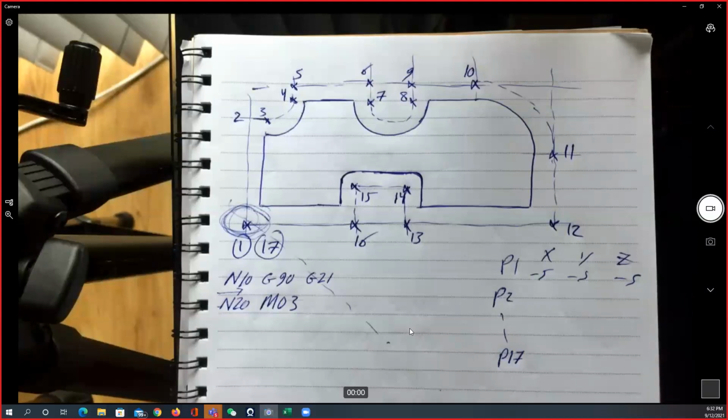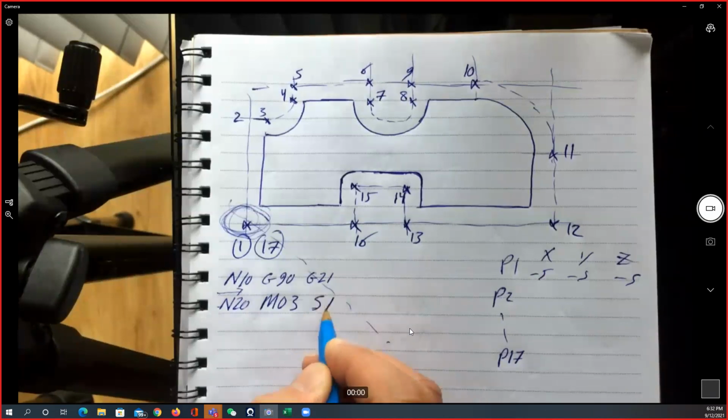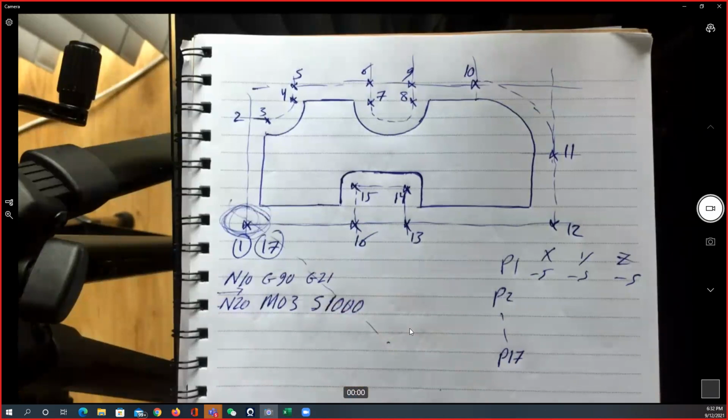We can put 4 numbers at the beginning to mention the program number. M03, I start the spindle on. So it's going to start to rotate in the clockwise direction. So I need to define what will be the spindle speed. So I will say that the spindle speed is going to be, let's say, 1,000 revolutions per minute. So I forgot something, and I'm going to fix this problem.